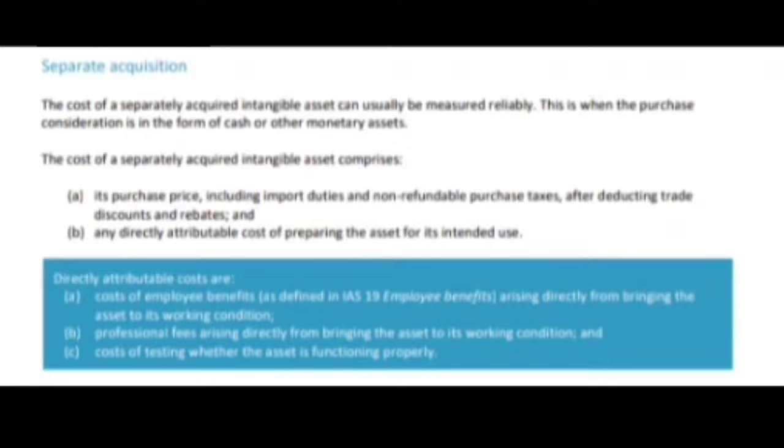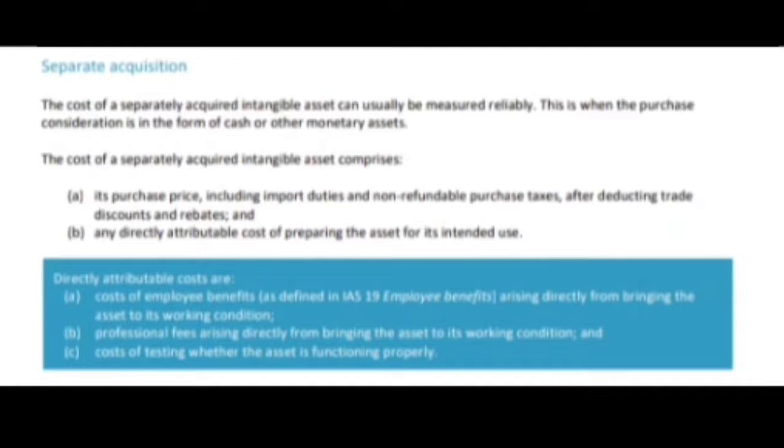Then the cost of a separately acquired intangible asset comprises its purchase price, including import duties and non-refundable purchase taxes, after deducting trade discounts and rebates, and any directly attributable cost of preparing the asset for its intended use.